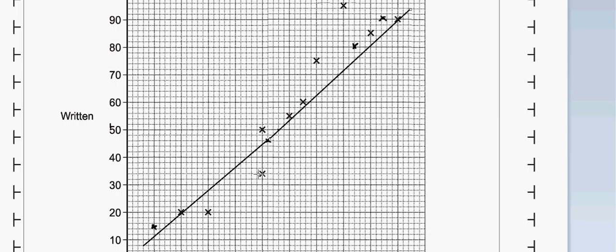I've hit a couple of points here, a couple of points here, and I've got a few more on this side, so maybe the line could have gone slightly higher. But I'm doing this on a PC, so I'm limited in how long a line I can put on it, but you'll get the idea. This is roughly through the centre of the points. Examiners know that this is by eye. So then we get to the question.